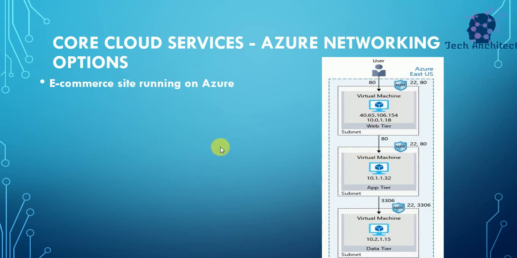And you can see the architecture: subnet 1, subnet 2, and subnet 3. These both are the local and the public IP. Basically, this is the web tier, and the end user will interact with this tier, and that's why it has a public and a local IP.